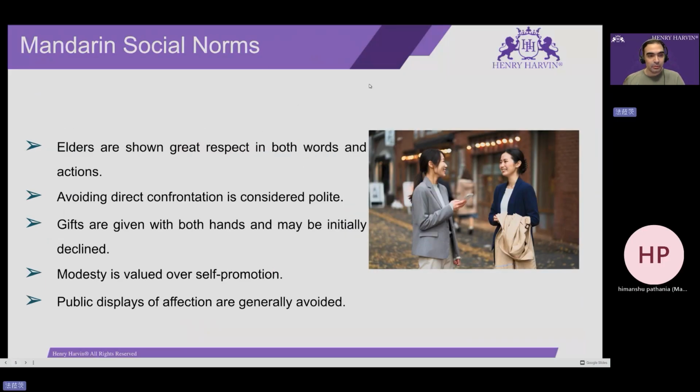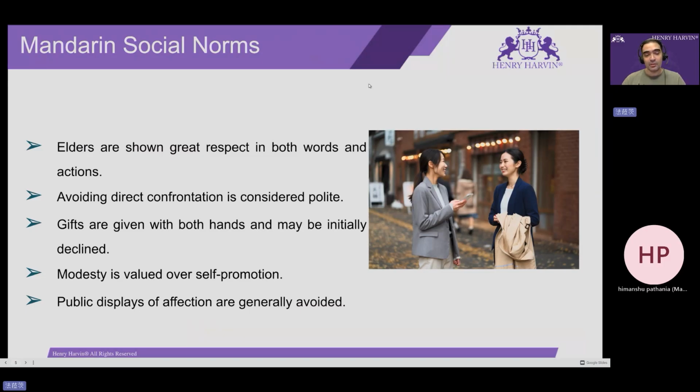So Mandarin social norms is the next section we are going to talk about. Elders are shown great respect in both words and actions, and avoiding direct confrontation is considered to be very polite. And gifts are given with both hands. You can't really give a gift with just one hand or a finger or a few fingers, because it is not considered polite.